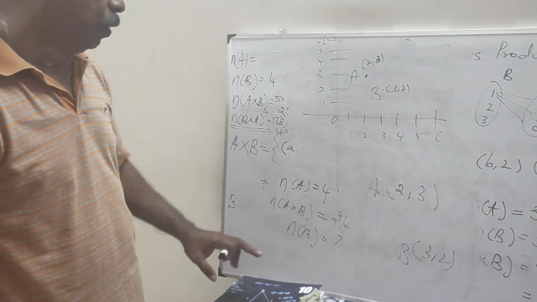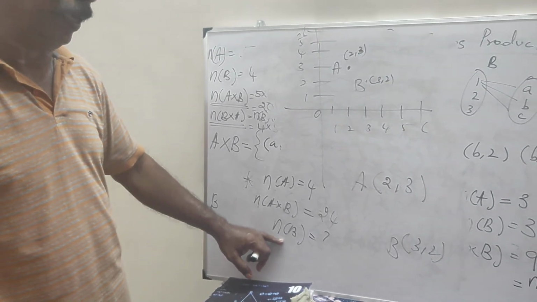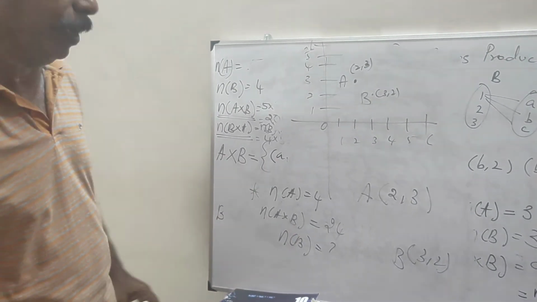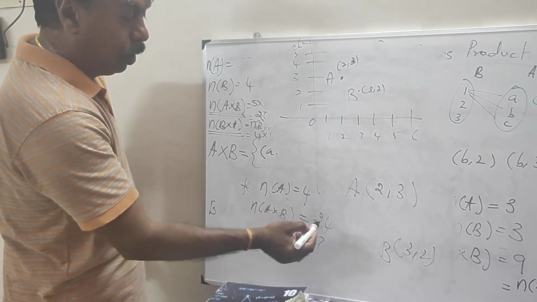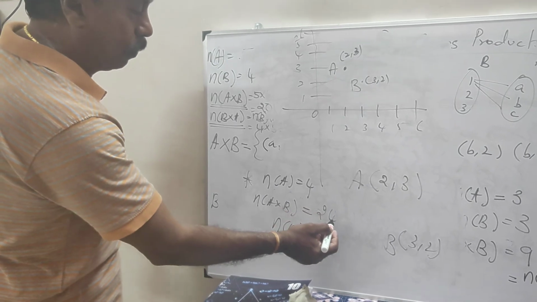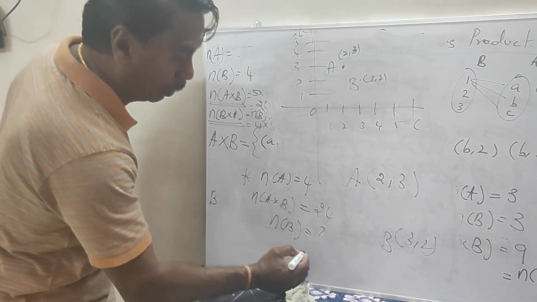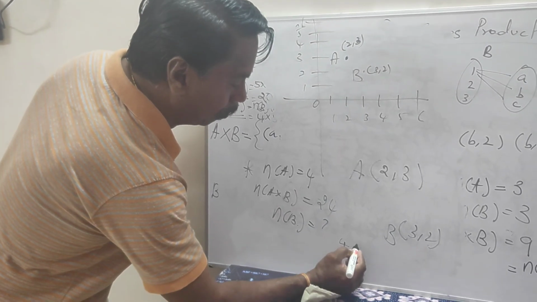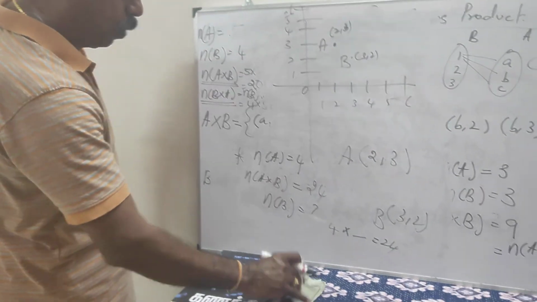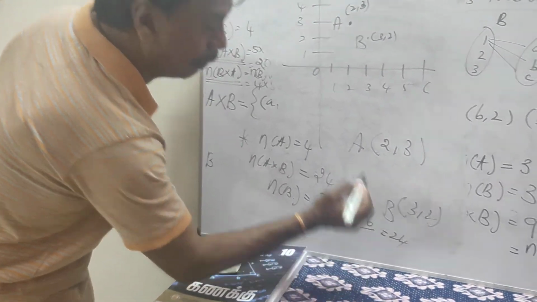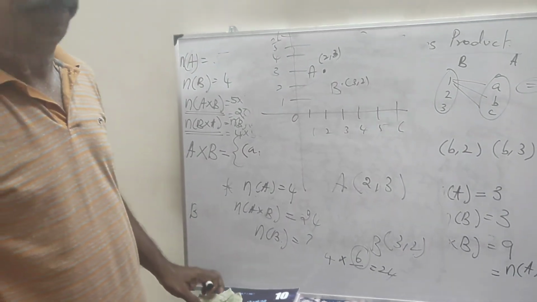Yes, we can find, because the product of n of A and n of B gives 24. Therefore, our aim is to find 4 into what gives 24. 4 into 6 gives 24. Therefore, n of B is 6.